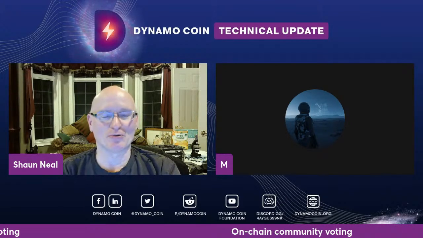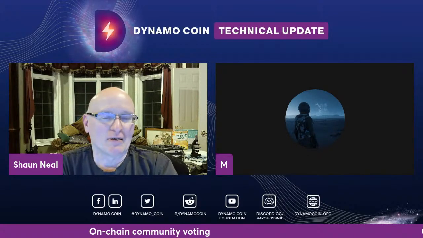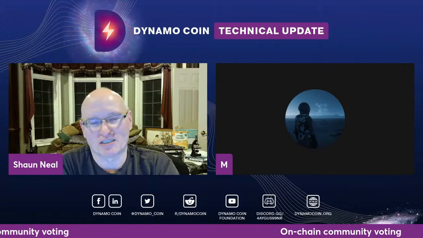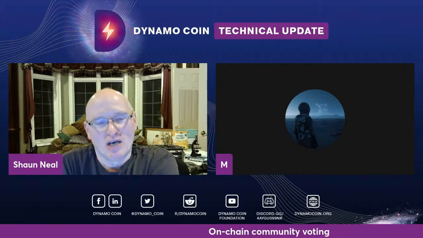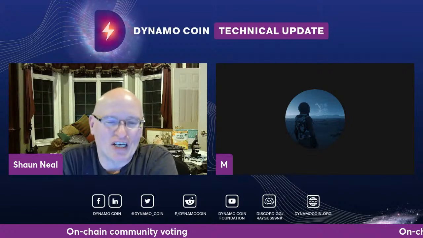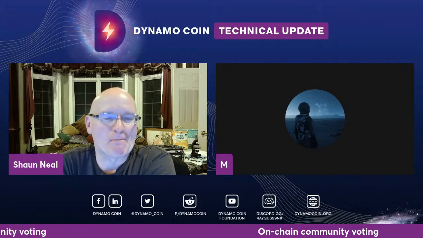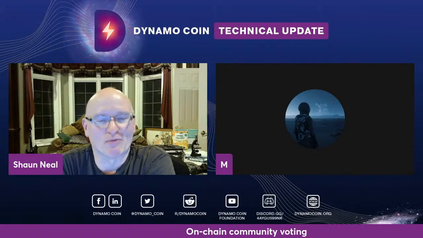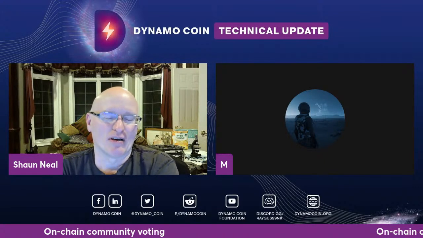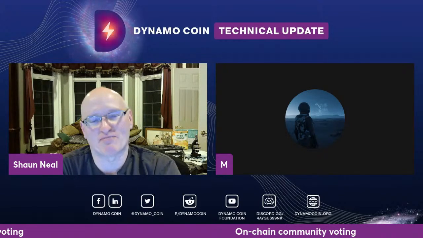I'm ready to implement whatever we all want to implement. I think this is very important, so let's get this going. I know it's on chain, it's sort of on chain, off chain. We're going to do it in a transparent way, and we'll create a mechanism where people can vote with however many coins you have being how many votes you have.